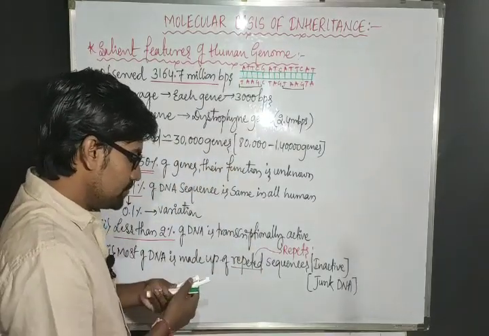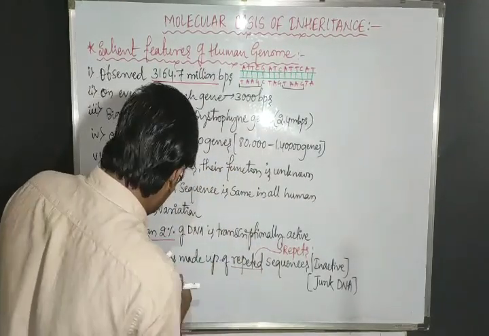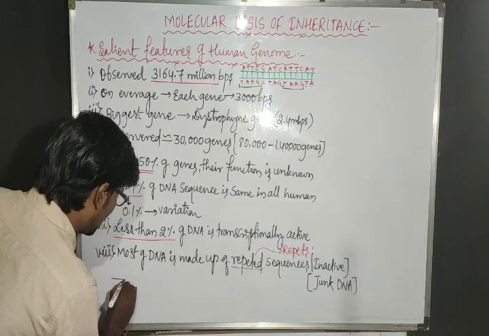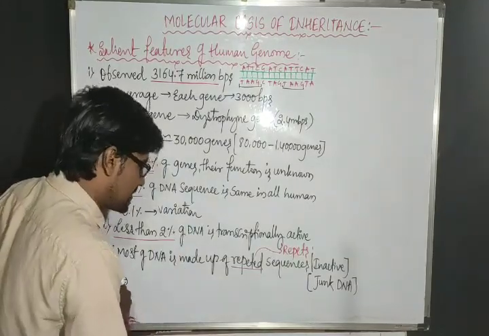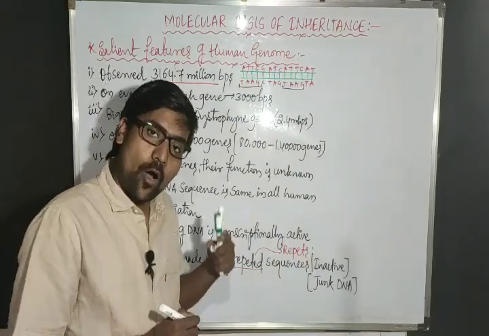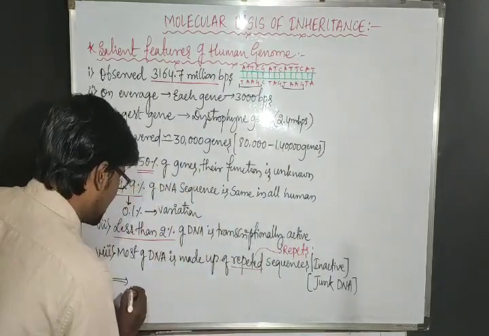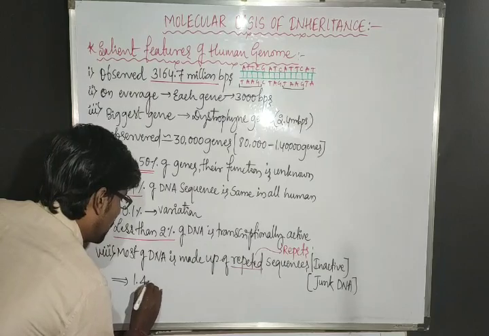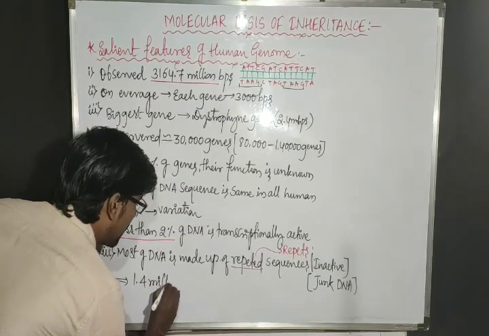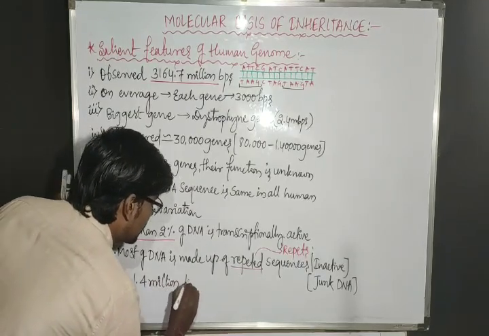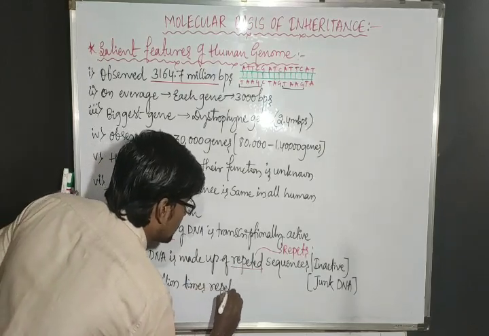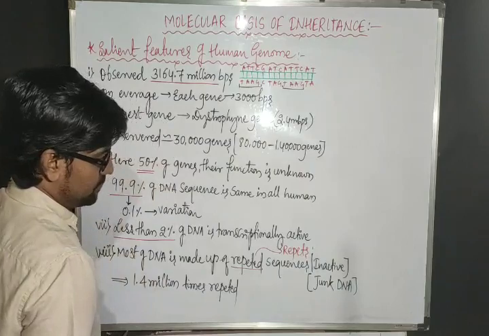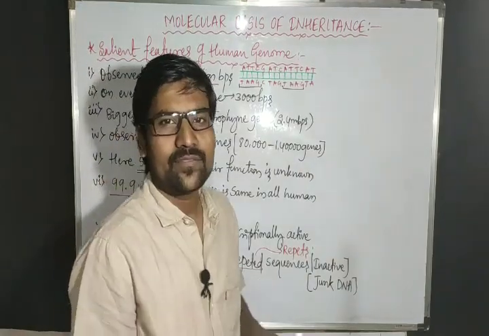So in that sense, here is one interesting thing they have given. There are some sequences that have been repeated 1.4 million times in the DNA.